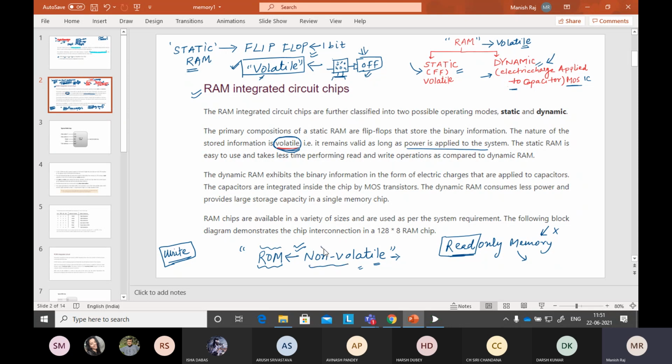That is also non-volatile, because if you switch the power off, this memory will remain the same. So this thing is clear: ROM is non-volatile and RAM is volatile. Is it clear now? Just tell me. Yes. Yes.